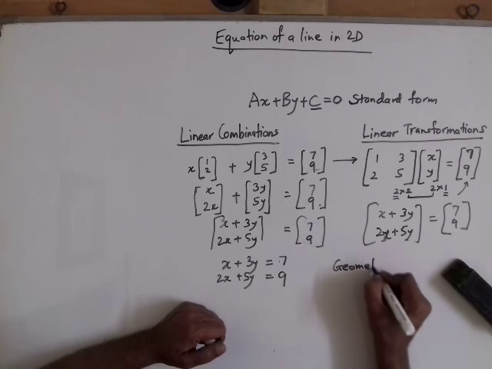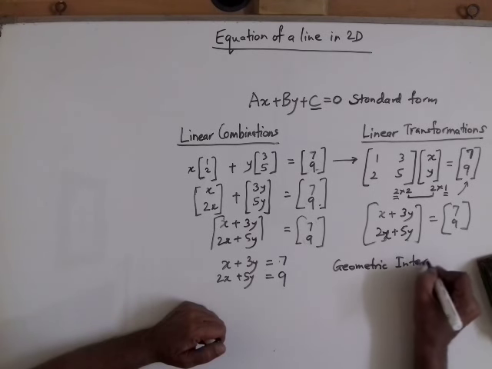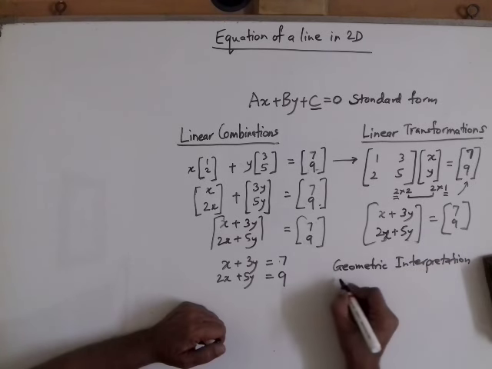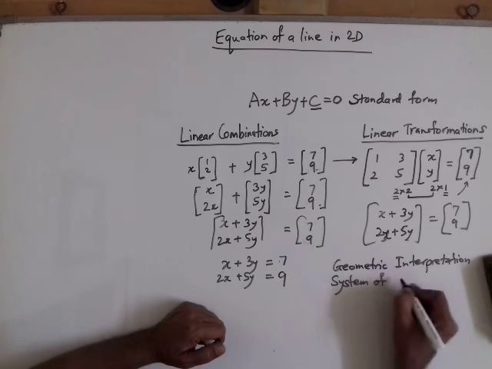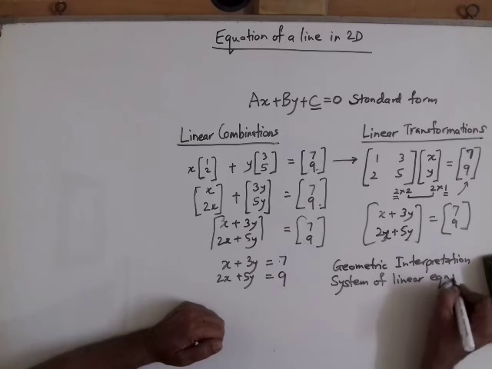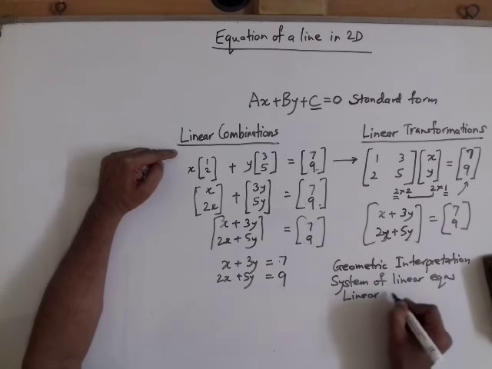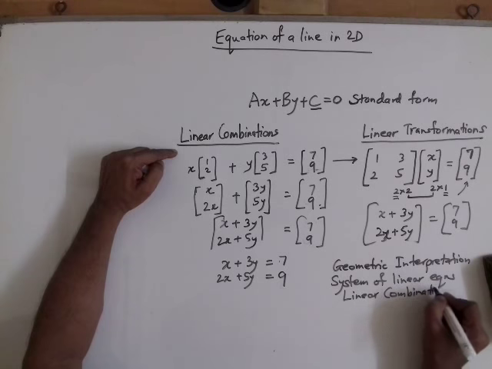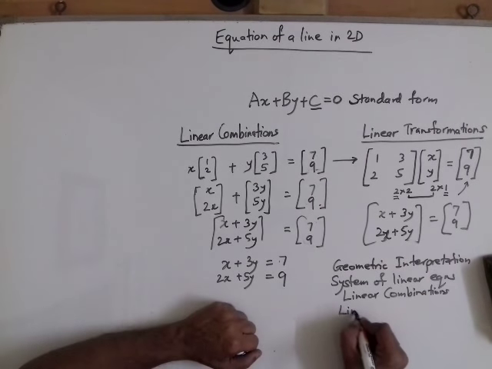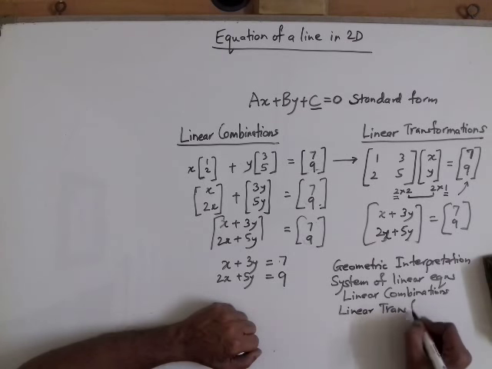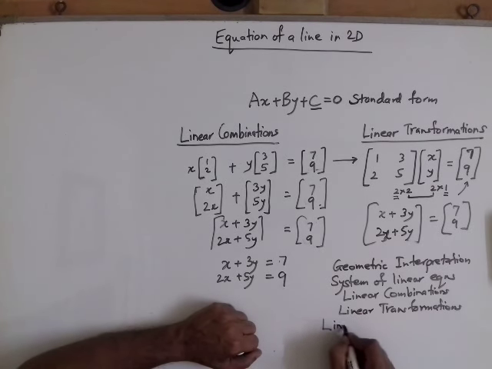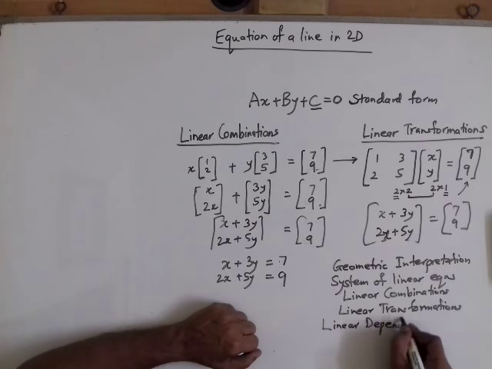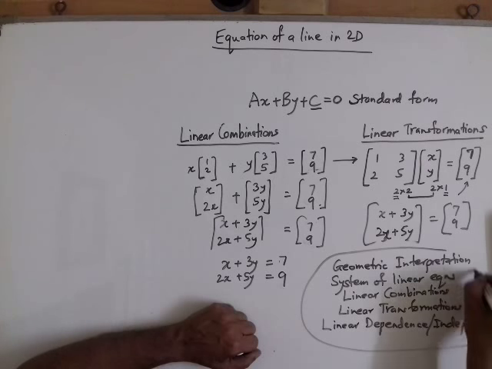A geometric interpretation, a system of linear equations, linear combinations, linear transformations, and something that we touched upon earlier, linear dependence/independence. We are getting an early view of how all of these link up together.